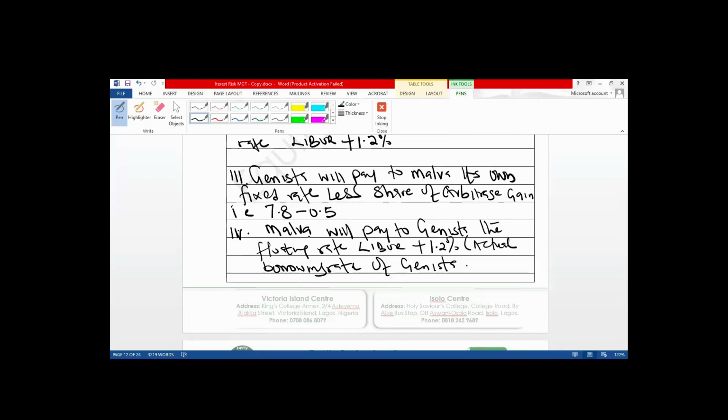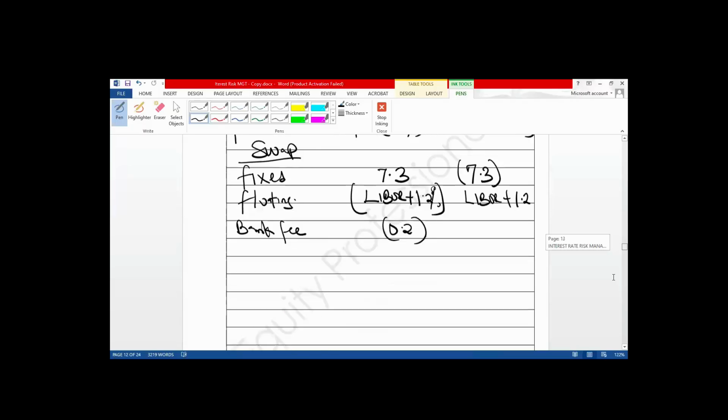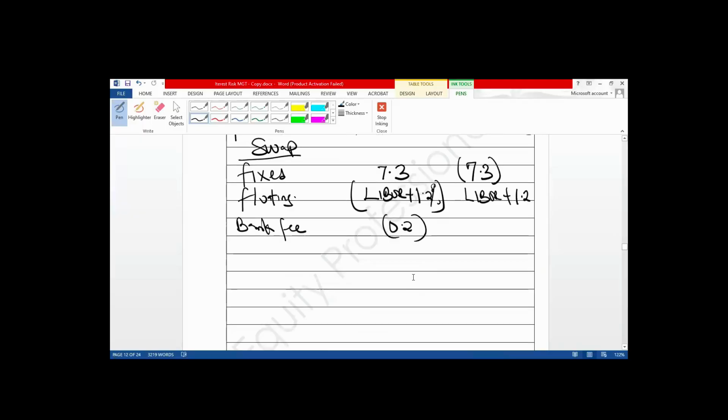That means out of 1.1, we have given 0.5 to Jenista. We are left with 0.6. Everything is with Magda. What we should have given Magda is 0.4. We now need to remove this from here.